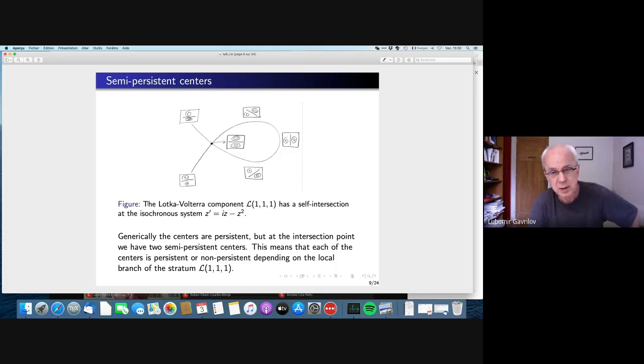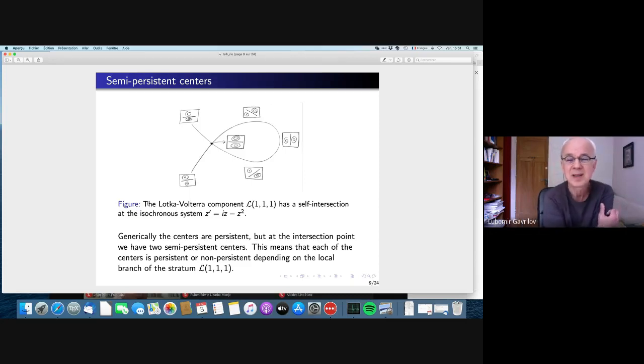So it is something fundamental for this component. You see how the phase portrait moves. I picture the real phase portrait, and everything given here is in the real domain.